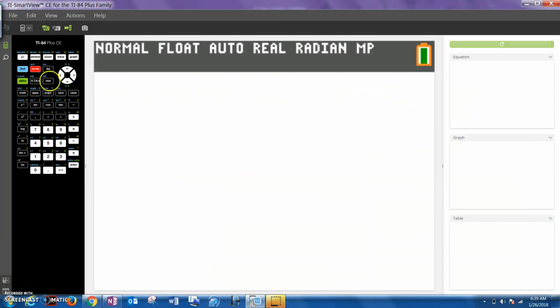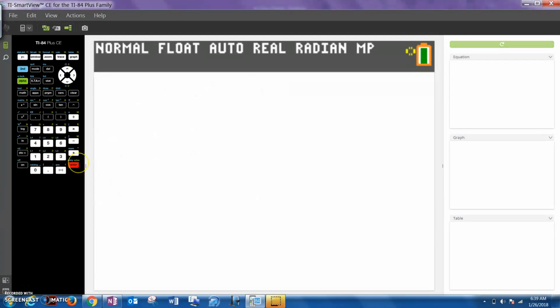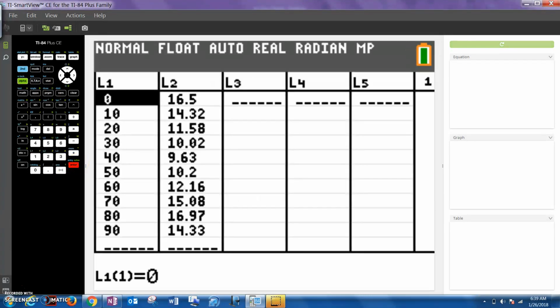Remember, you hit the stat button, which is right next to the alpha and x button, then edit. When you hit enter, you should just enter your data as shown. Please pause the video now to take the time to do that. Okay, so now we have the data entered.